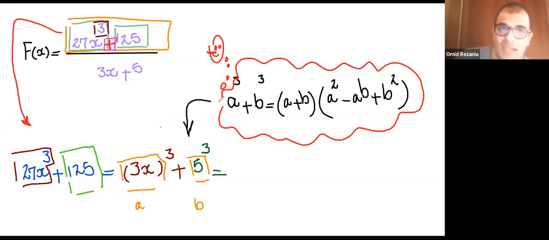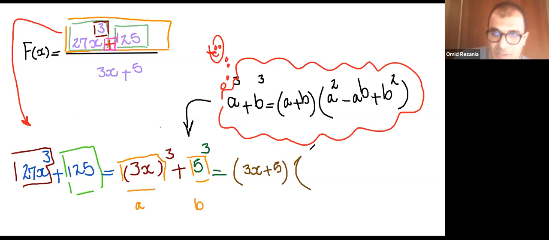I come here, okay, I'm just going to use this formula and write it in that way. My a is 3x, my b is 5. It becomes 3x plus 5, multiplied by a squared. My a is 3x, then a squared becomes 9x squared, minus a times b.